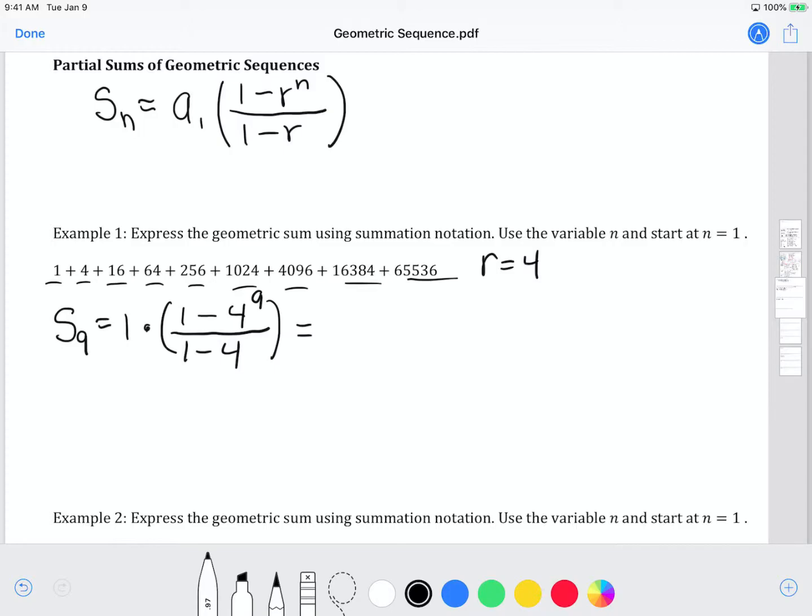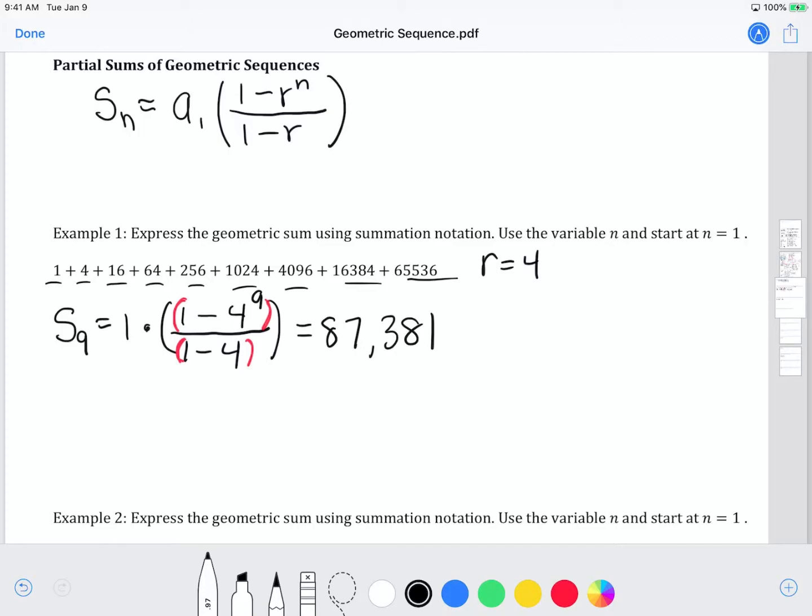So in my calculator, I'm going to put 1 times 1 minus 4 to the 9th in the numerator, 1 minus 4 in the denominator, making sure that you put parentheses around the top and the bottom when you put it in on your calculator. And when you do that, you are going to get 87,381.